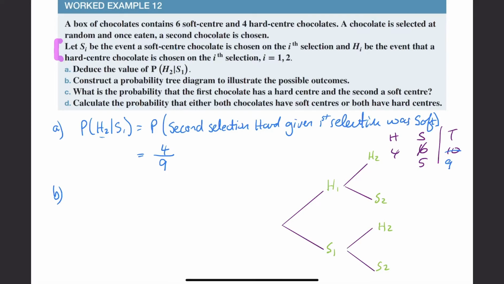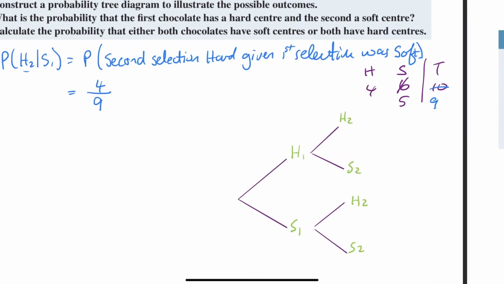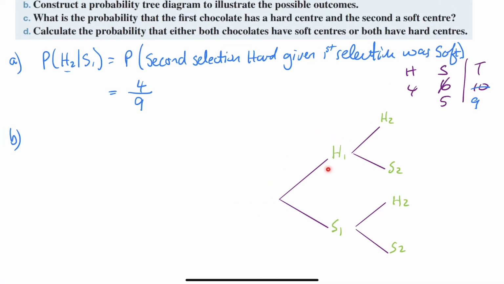Now I'll quickly move this down a little so that it doesn't overlap. What we have is that they don't have equal chances. On the first draw, the probability of finding H1 is 4 out of 10, because there are 4 hard centers, and 6 out of 10 for soft.